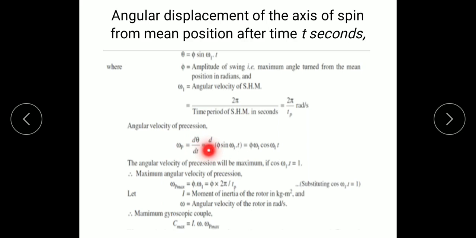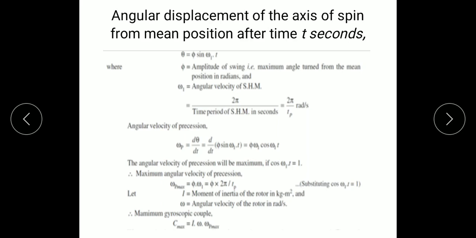So d theta by dt, and we already know that theta equals phi sin omega 1 t. Substitute here d by dt of phi sin omega 1 t.